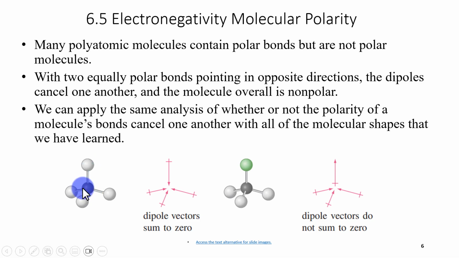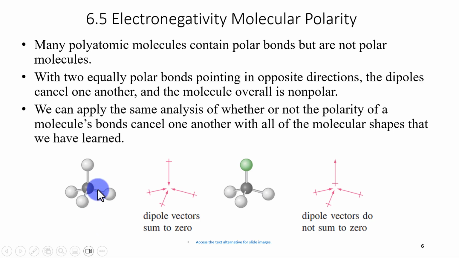Now, if the central atom here is more electronegative than these atoms, then the dipole moment, written as an arrow with the head of the arrow pointing towards the more electronegative atom, which would be my central atom. So I have these 4 vectors that are written this way. They're all pointing towards the central atom because it's the more electronegative.